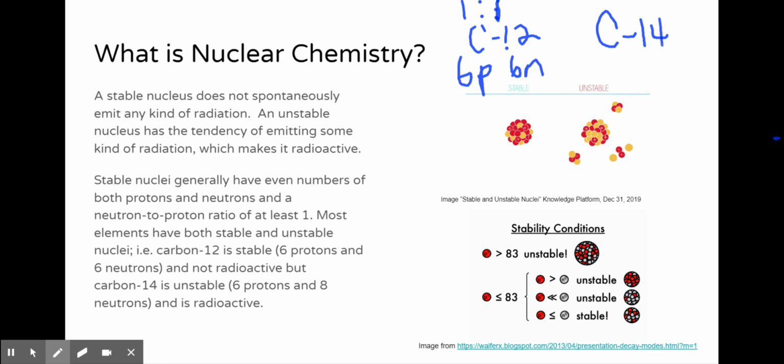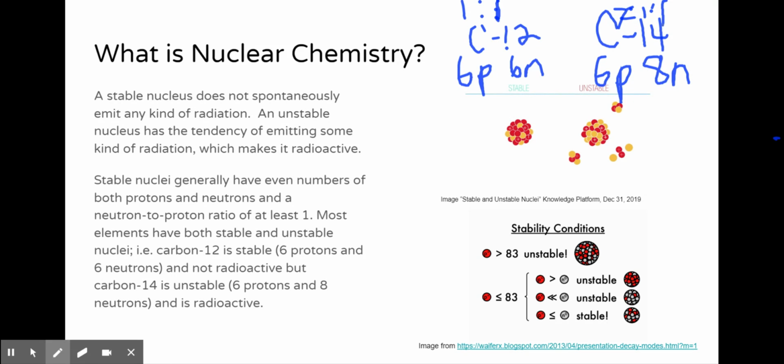Whereas in the isotope carbon-14, I again have 6 protons because the identity of my atom did not change, but 8 neutrons, which does not give me the 1-to-1 ratio.